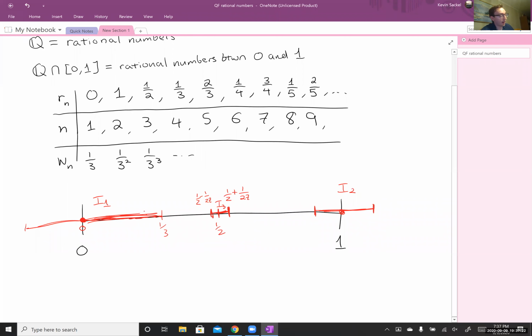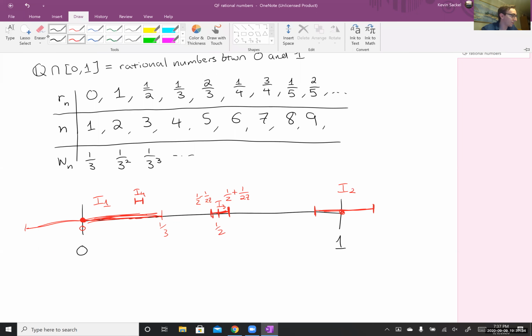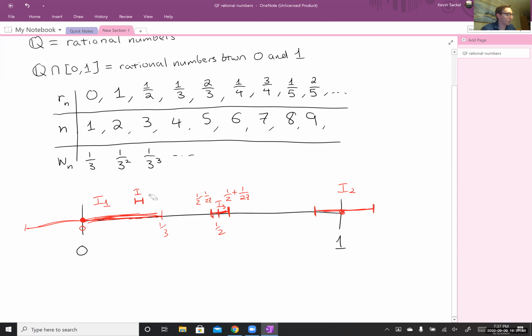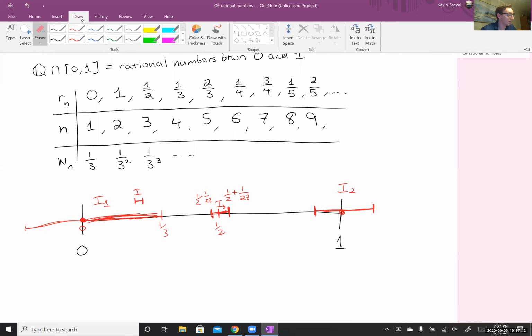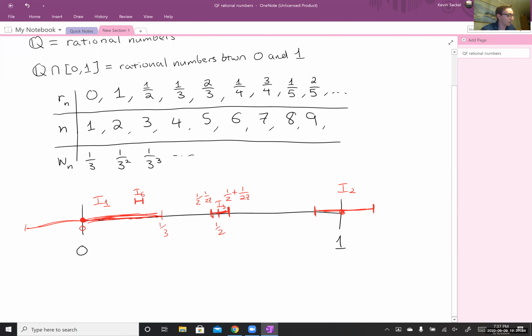So already when I'm at I4, I4 is completely contained inside of I1. Oh, that's not quite true. Sorry, which one am I thinking about? I6. So there's an I4 and there's an I6. There's an I5 and there's an I6.